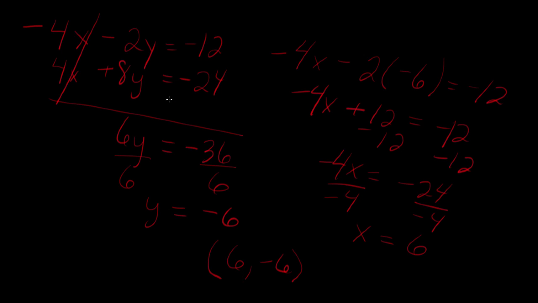Does that equal -24? And if the answer is yes for both of these equations, then we know our answer is right. If you only get a yes for one of them, your answer has to be wrong because the answer has to fit both equations. It has to be a solution for both. All right, so this is part 1 of how to solve systems of equations using the elimination method.